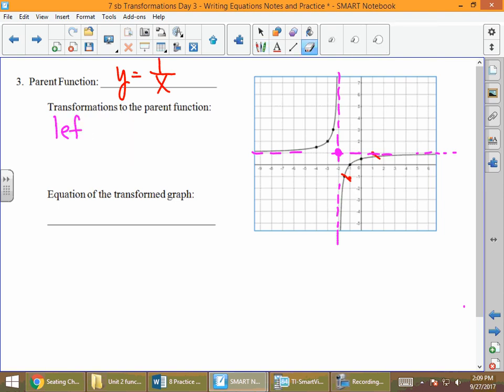One more time. Left 2. And we moved up 1. But after that, we also want to look and see, do we have any stretches? Do we have any shrinks? Do we have any reflections?